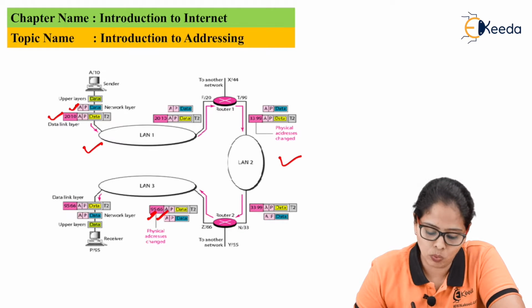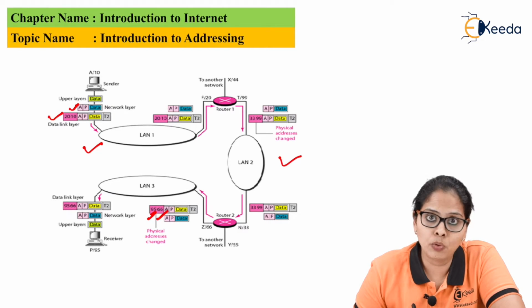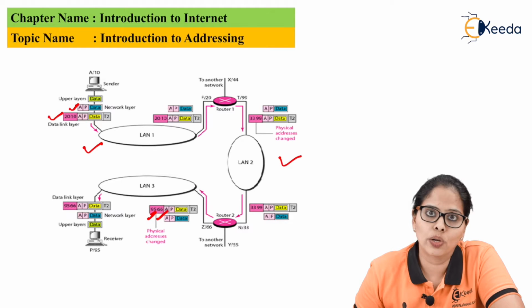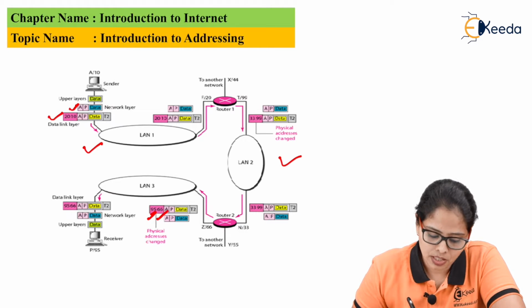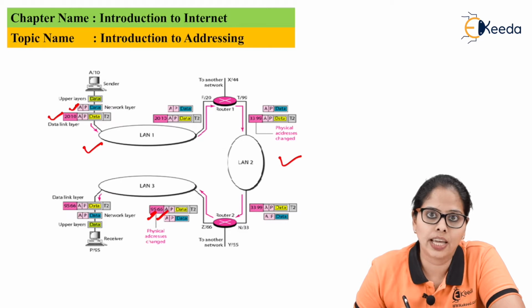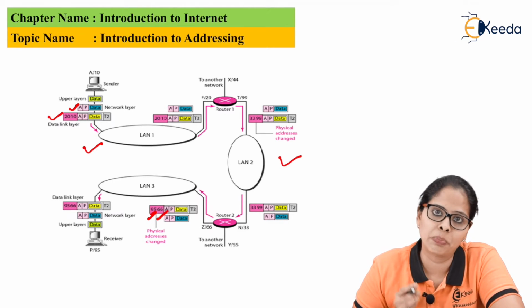When it is on network 1, the source address is A and the destination address is P. When it moves to network 2, it still shows A and P. And when it moves to network 3, it still shows A and P. So with the help of logical addresses, you can communicate between two computers connected to two different networks. The physical address goes on changing, whereas the logical address remains the same.